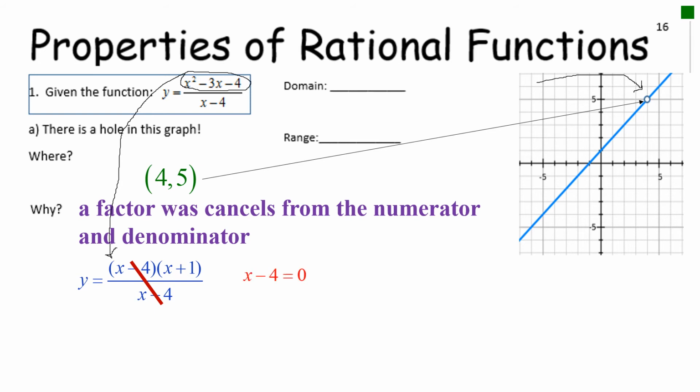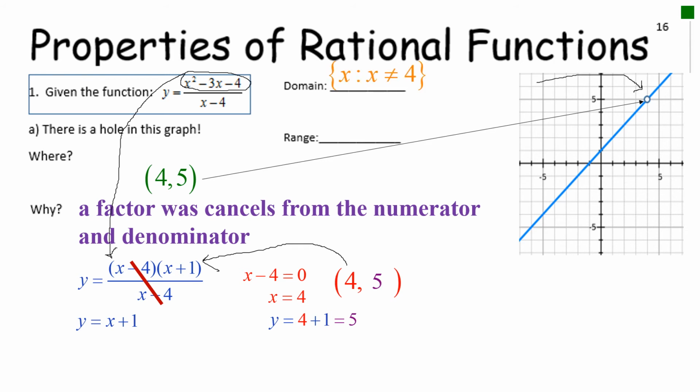We find out what the hole is by setting the factor equal to 0 and solving. There's a hole at x equals 4. Let's plug it back into our simplified problem and see what we get for y. 4 plus 1 is 5. The hole is at the point 4, 5, which is consistent with the picture of the graph.